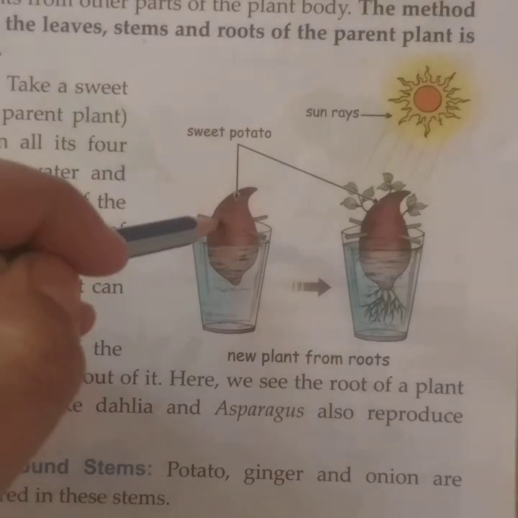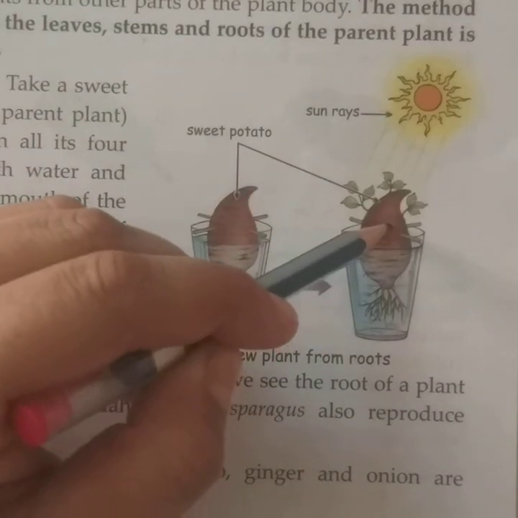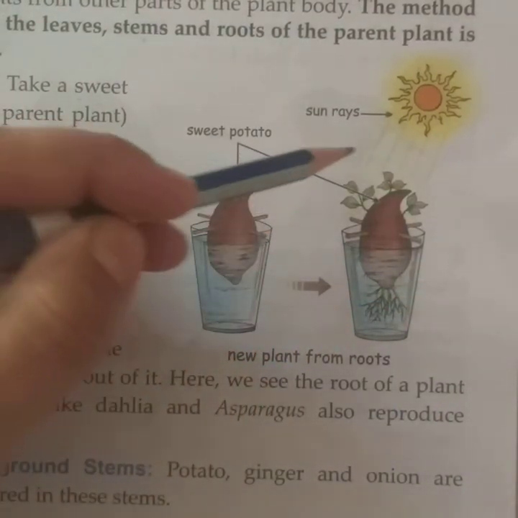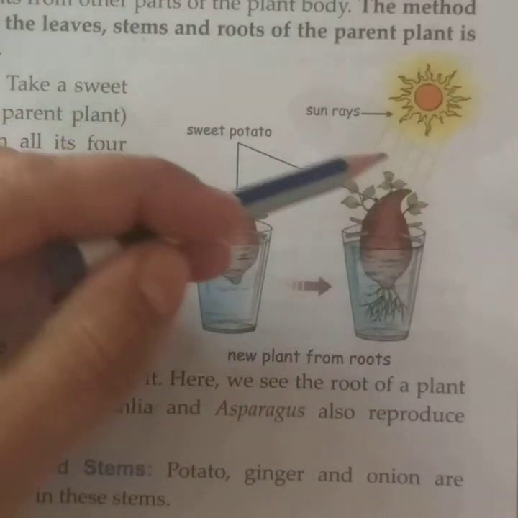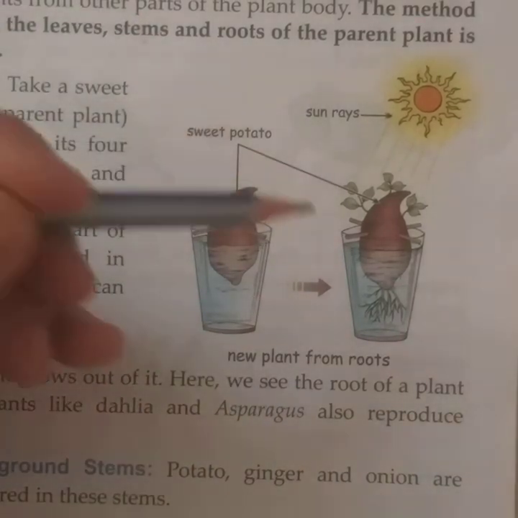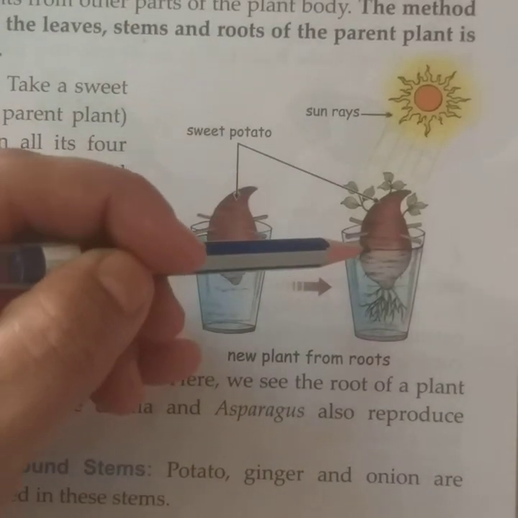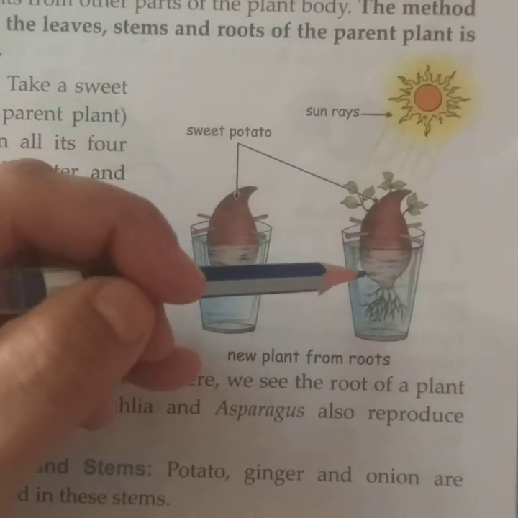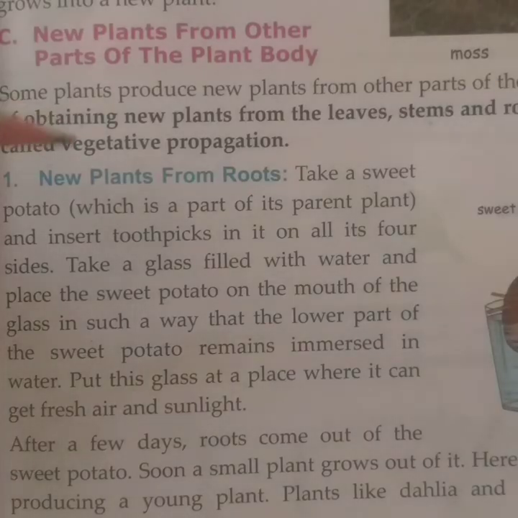So this is the root part, and here is the formation of a new plant, or the start of a new plant growing, which is further sown into the soil to get the plant of sweet potato. Here is the process given.